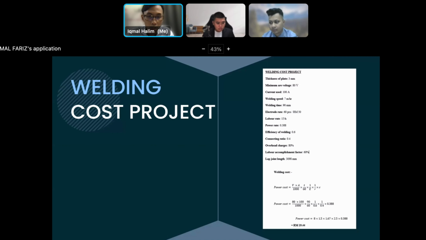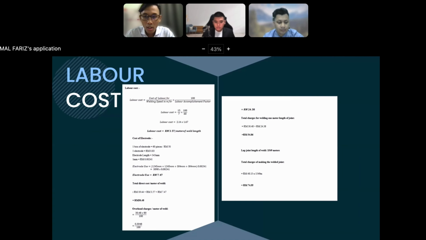Okay, so first we should calculate the welding cost. The total welding cost is 19 ringgit and 44 sen. Next, for labor cost, we get 3 ringgit and 57 sen per meter of weld length.